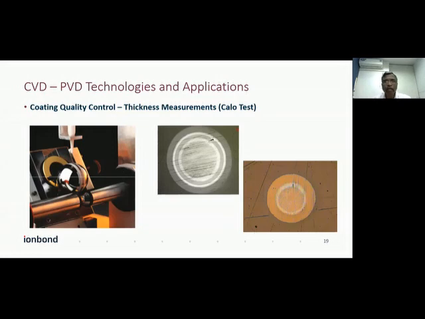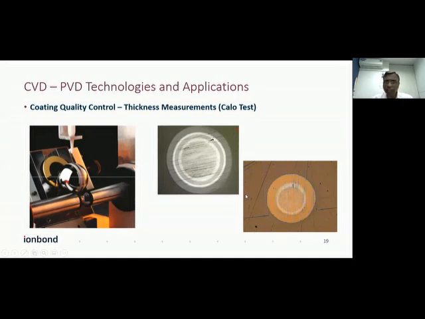So the Calo test, which is used for the thickness measurement, is where the coating is physically removed from the surface, and we can see these kinds of rings, where at the center portion there is no coating, and then it starts with the first layer, second layer, third layer, fourth layer, or in the other case a bilayer coating, first layer and second layer.